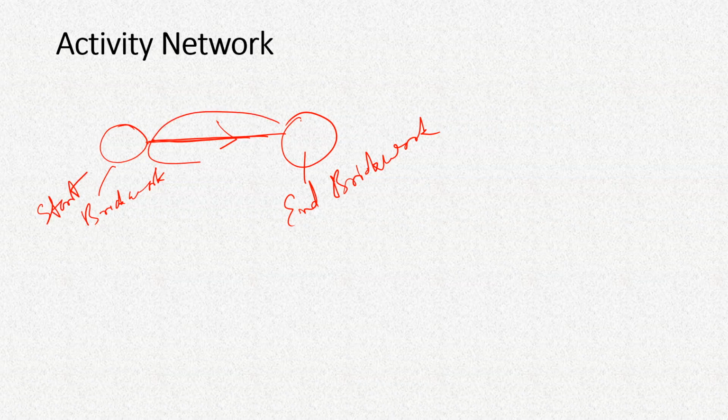And this arrow represents the actual brickwork activity. So here we'll have to write in numbers inside a box how many days or how many weeks it has taken, suppose 7 days.